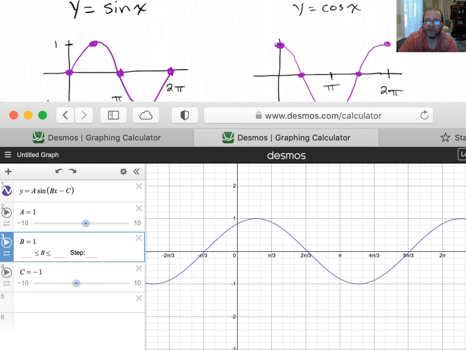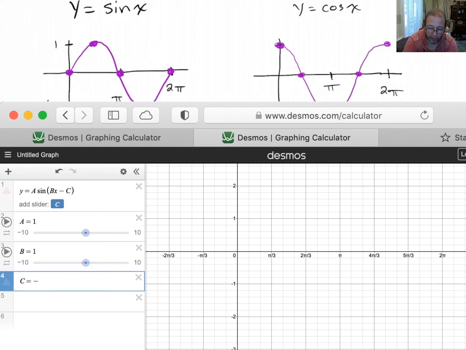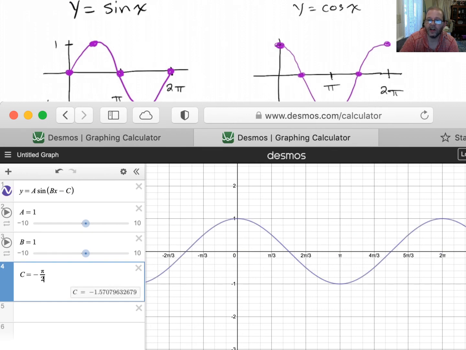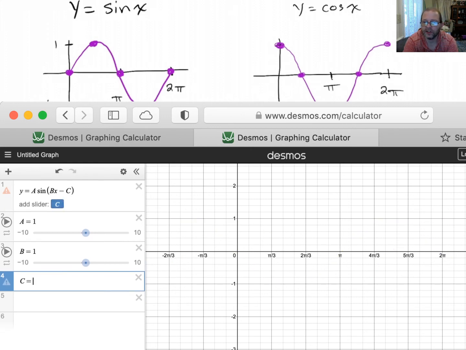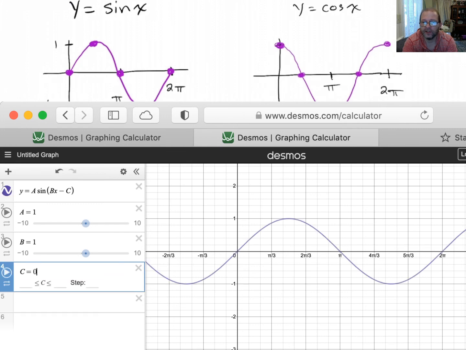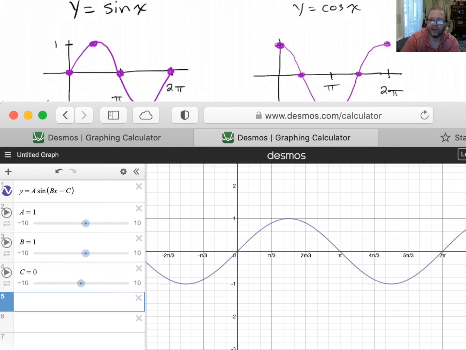If I could adjust C to be negative pi over 2, then what we've got here is it's still a sine wave, but it's actually the same graph that we would have for a cosine. So anyway, these things adjust the phase, the amplitude, and the period.